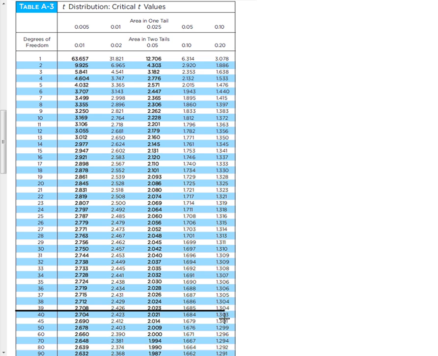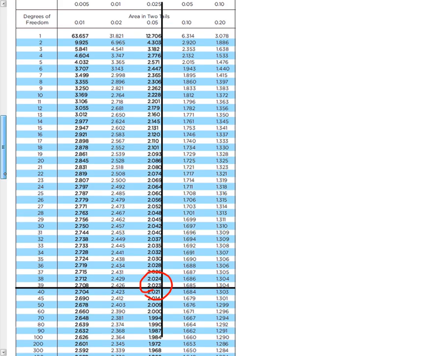We're looking at the row above that line, and what we need is the area in one tail to be alpha over 2, or 0.025. Here in this top row we have the area in one tail, and we want it to be 0.025, so it's this middle column. The score right there, the critical T, is 2.023.